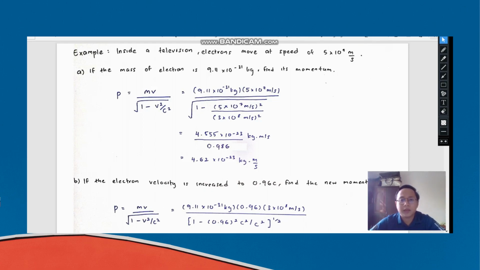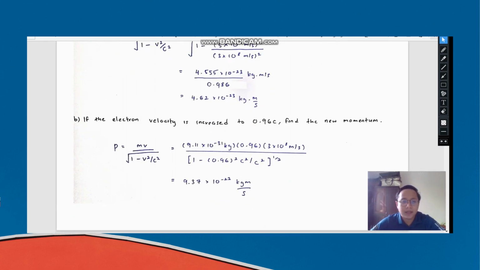Then we substitute the values: the mass of the object is 9.11 times 10 to the power negative 31 kilograms, and the velocity is 5 times 10 to the power 7 meters per second. After we calculate, we get 4.62 times 10 to the power negative 3 kilogram meters per second.